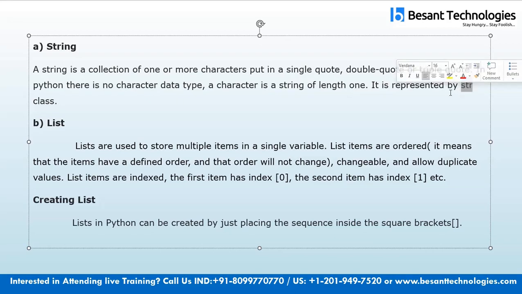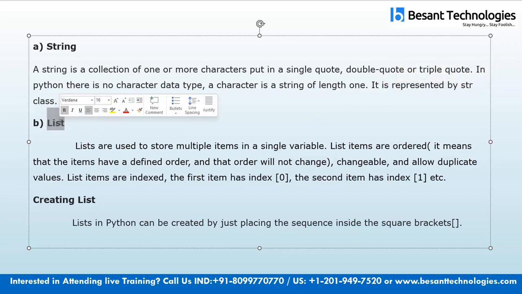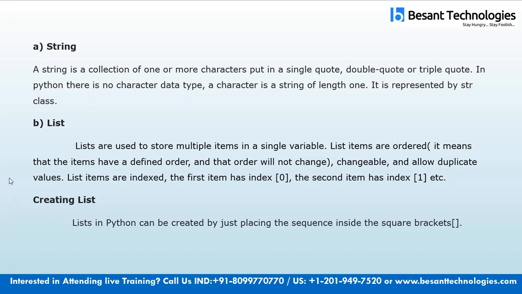String is represented by the str class. And list, this is also a sequence related data type. Lists are used to store multiple items in a single variable. List items are ordered. It means that items have a defined order and that order will not change.